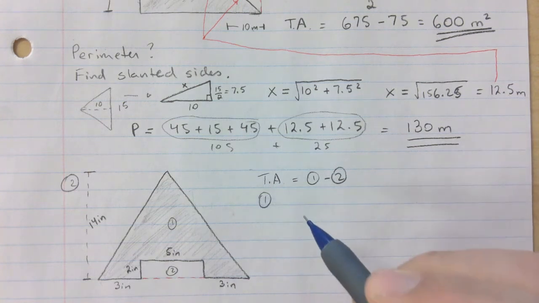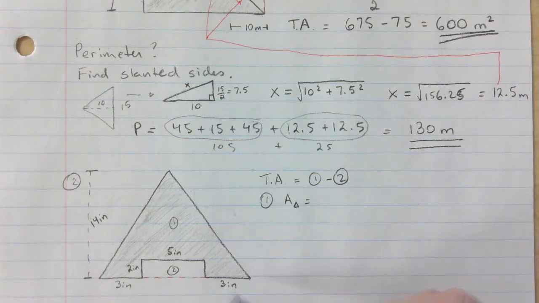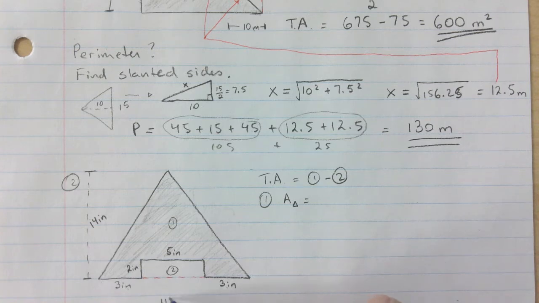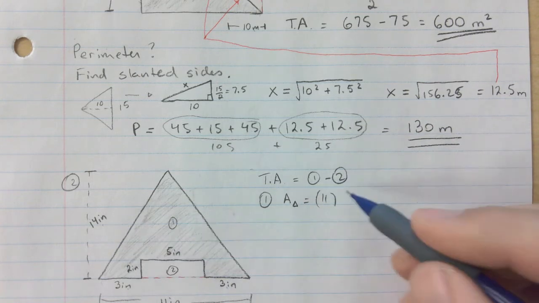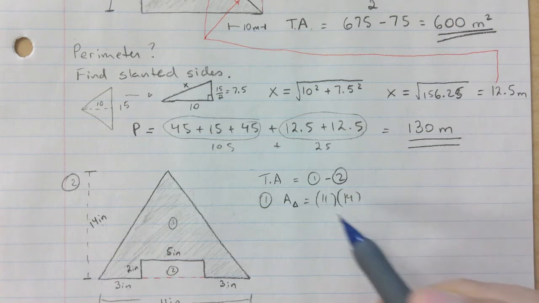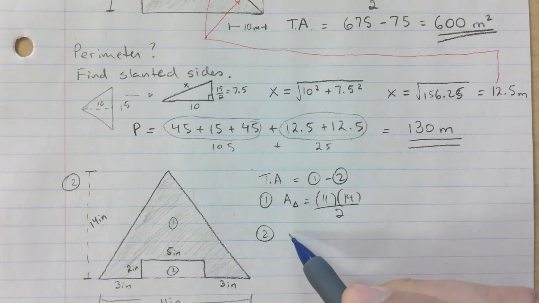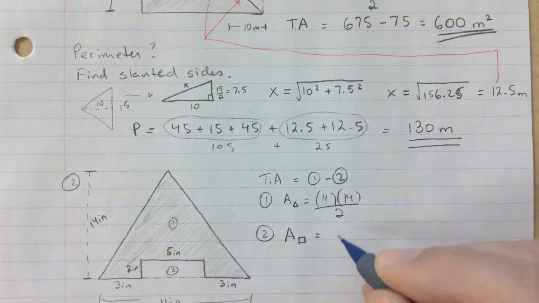Okay, so 1, the area of that triangle. What's the base? Well, we have to add a little bit. So 3 and 3 is 6, and 5 is 11. So it's 11 inches wide. That'd be my base. So it's 11 times the height, which is 14 and labeled outside that shape, and always divided by 2. That's just the area of a triangle. Area of that rectangle would be 5 times 2, length times width.